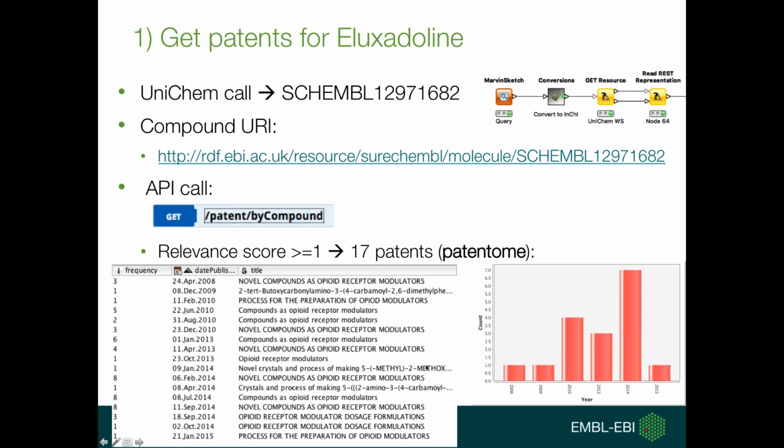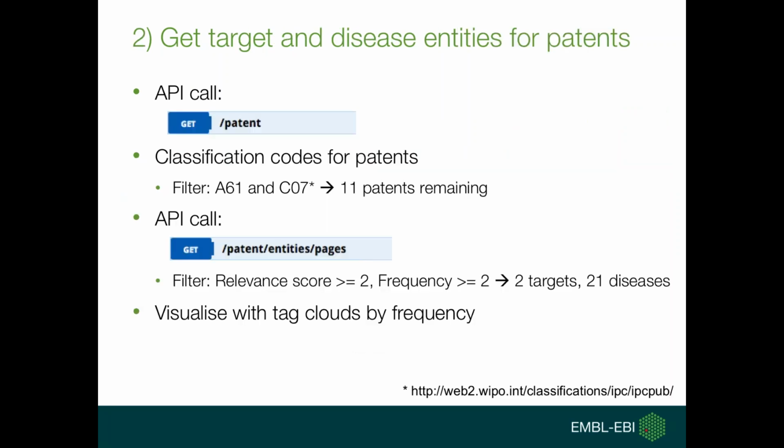What I want is to use the information in the API that relates to patent classification codes and effectively keep only the novel composition of matter patents, as opposed to process or formulation patents. For that, I'm going to use the API call for patents, which provides me with the classification codes, and I can use particular values, for example A61 and C07, and filter my set of 17 patents down to only 11.